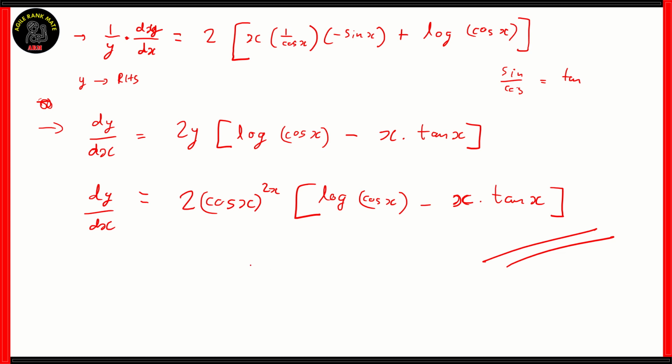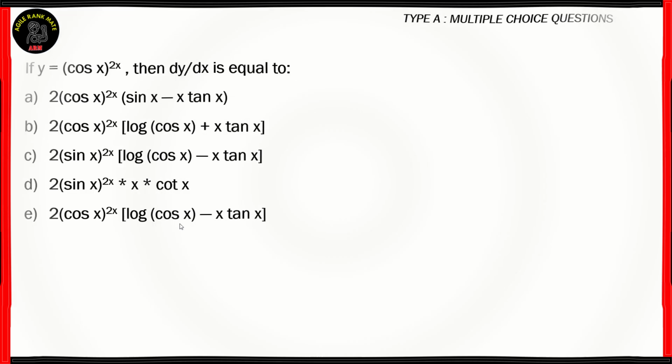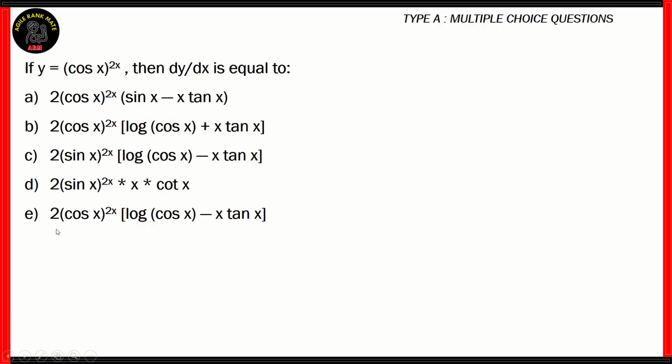Now this answer, if you look at our options, turns out to be equal to option E. So option E is the right answer. The others aren't exactly what we get, because what we had to do here was convert the y function into log y and convert the right-hand side accordingly, and then differentiate.